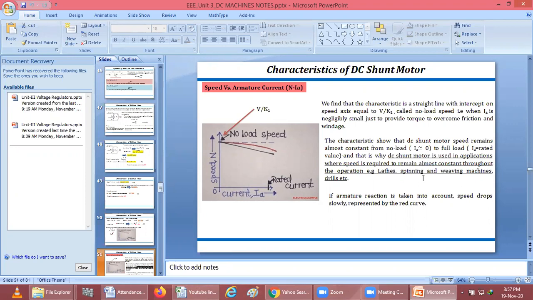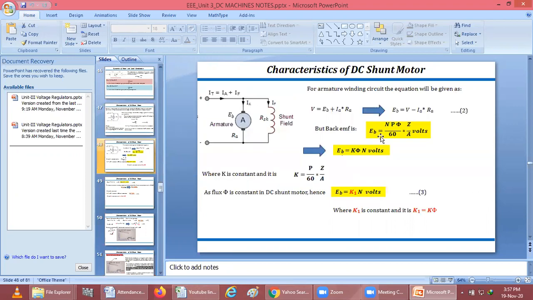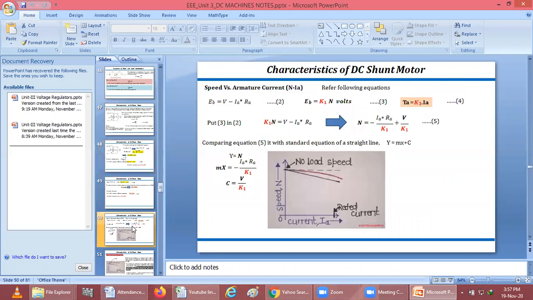We can take applications such as lathes, spinning and weaving machines. If armature reaction is taken into account, and we take some amount of impedance in the winding, there will be a minor change.